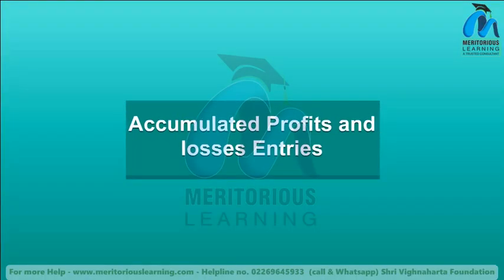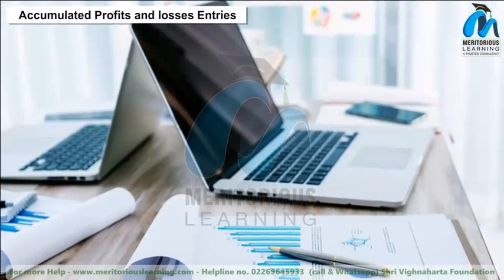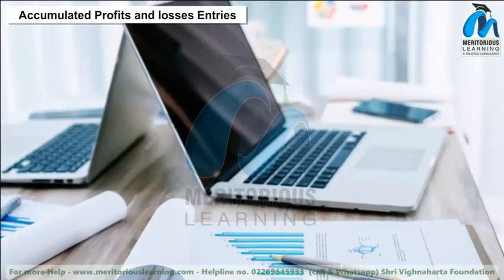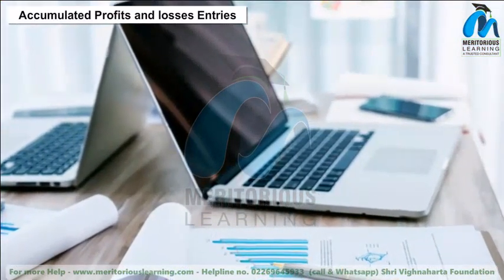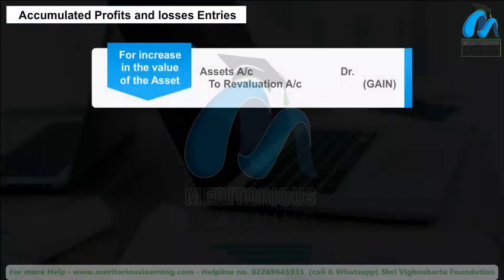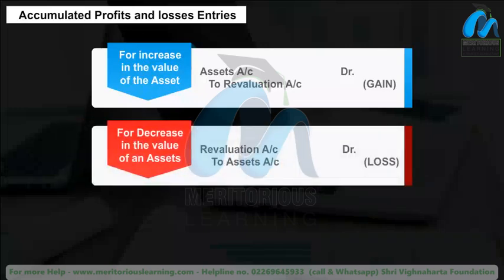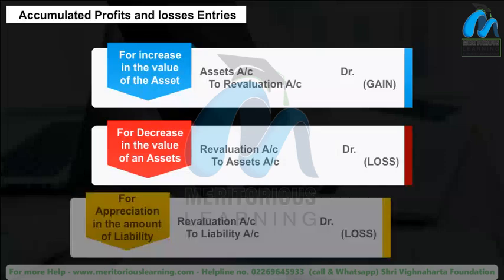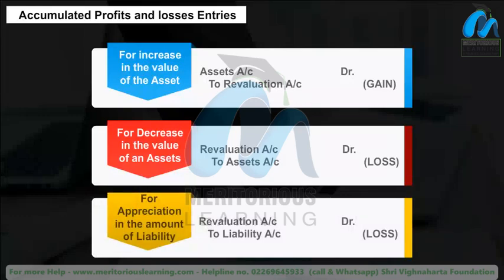Accumulated profits and losses entries. Journal entries for the revaluation of assets and liabilities. For increase in the value of the asset. For decrease in the value of an asset. For appreciation in the amount of liability.